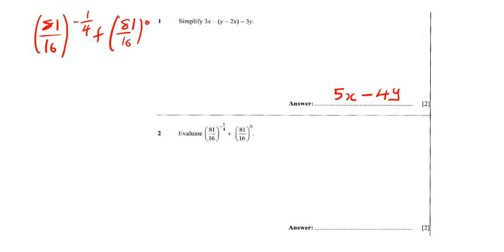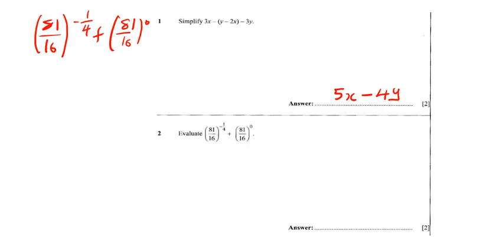There are two methods which you can use to solve this question. The first one is a bit long, but the second one is just a shortcut. I would encourage you to know the long one, because it explains how you are able to do indices. So the first one, you go like this. This negative which you are seeing here simply means it is the inverse.